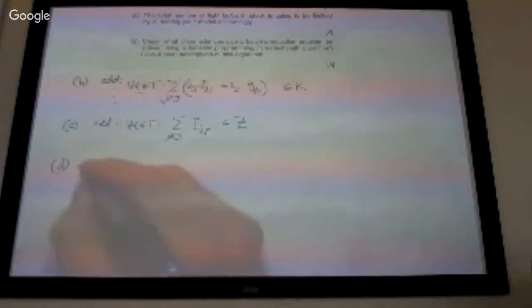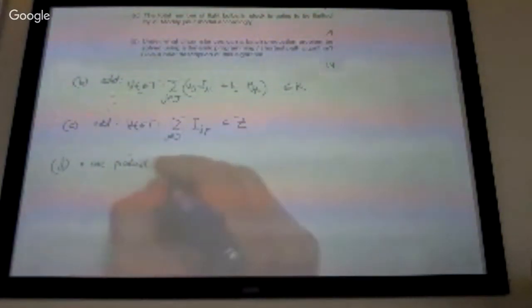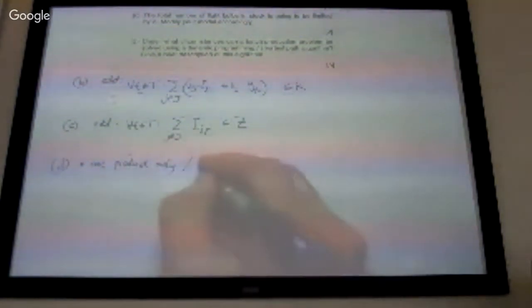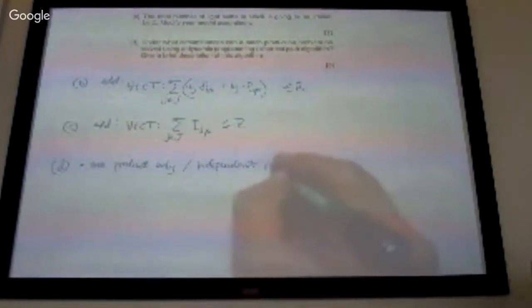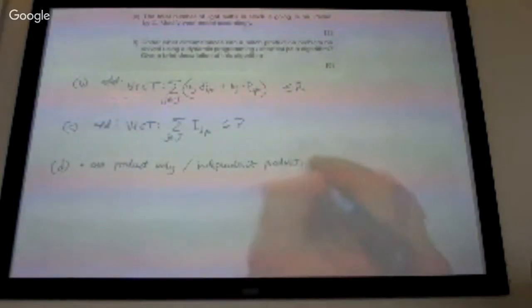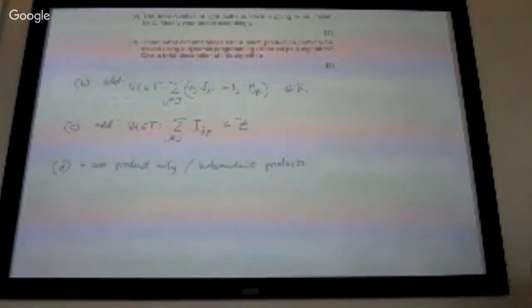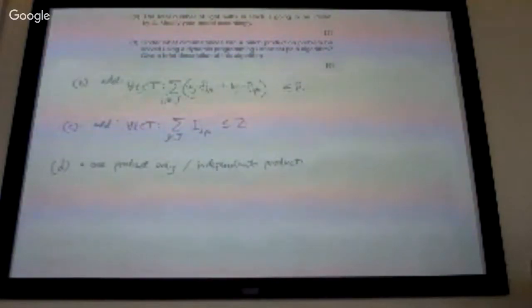So there's one product only, or independent products. Effectively, when we did the one with the magnets for the coursework, that wouldn't work because they weren't independent with the coils. That's quite right.